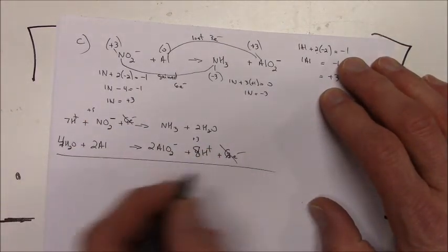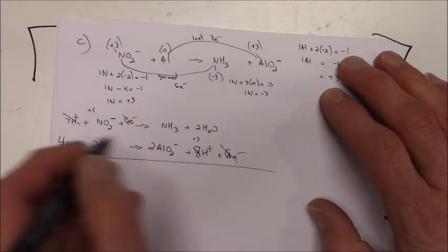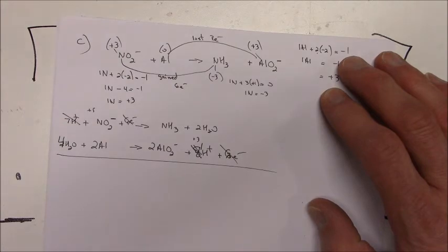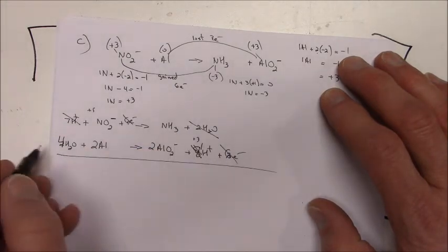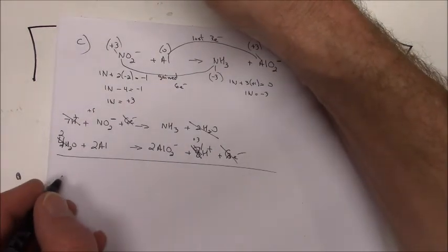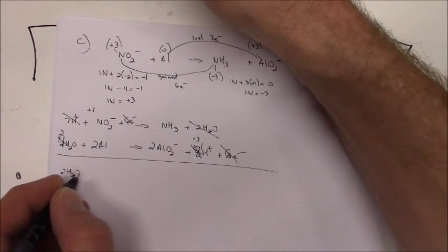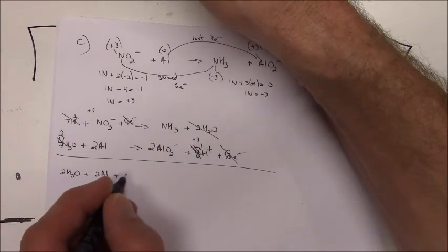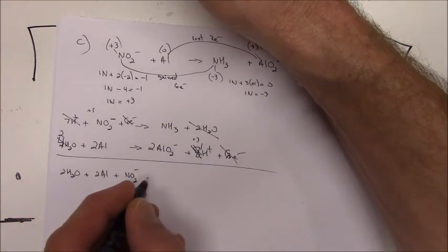That cancels. 7 kills off this to 1. 2 H2Os kills this off to 2. So we stop momentarily for 2 H2O plus 2 aluminum plus NO2 minus.